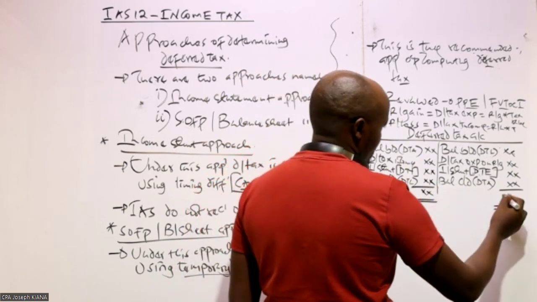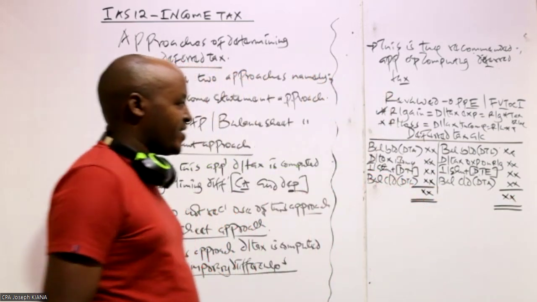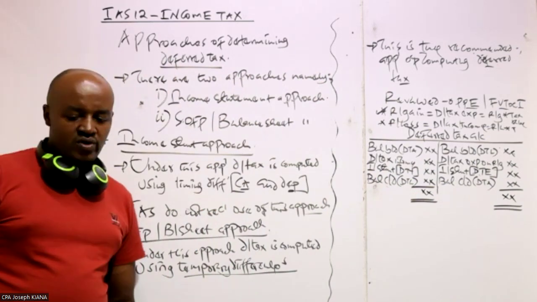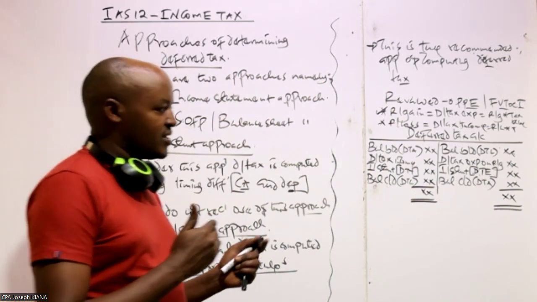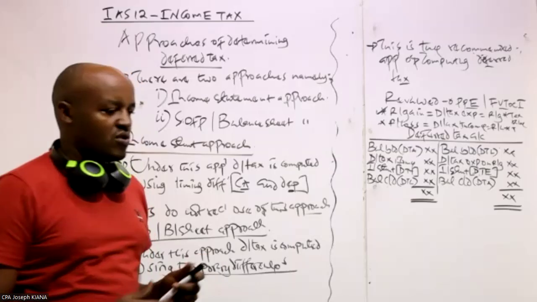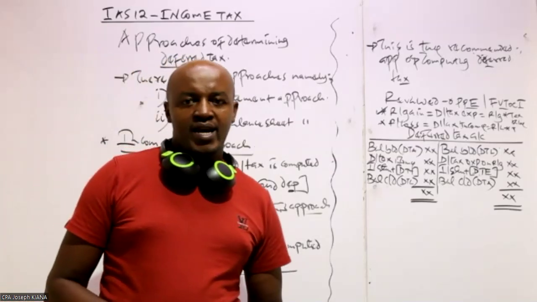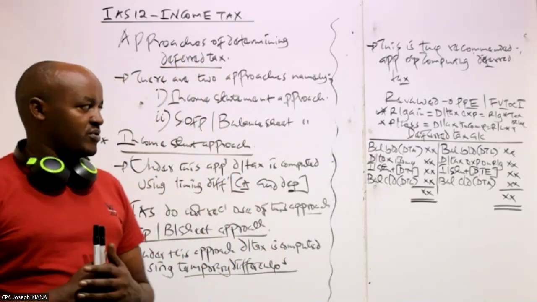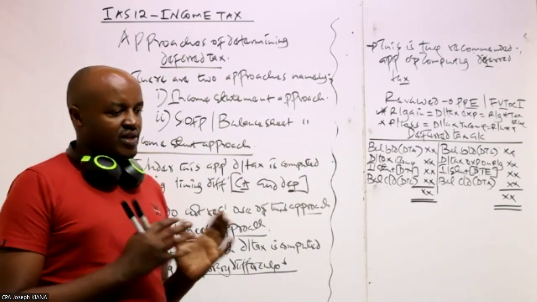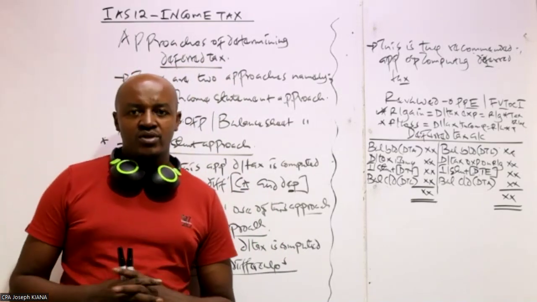So that's basically how we compute the amount of deferred tax which will be recognized in the income statement as a deferred tax income or a deferred tax expense. That's basically what you need to know as far as the computation of deferred tax is concerned.